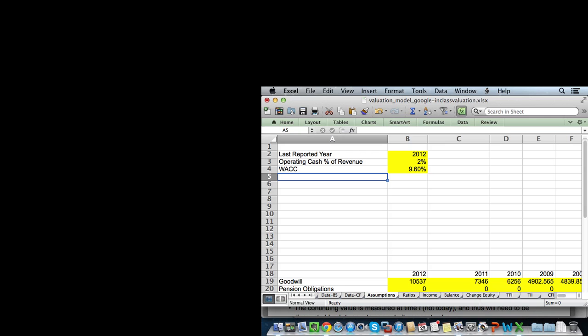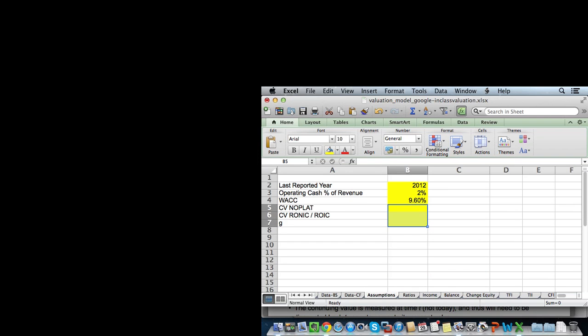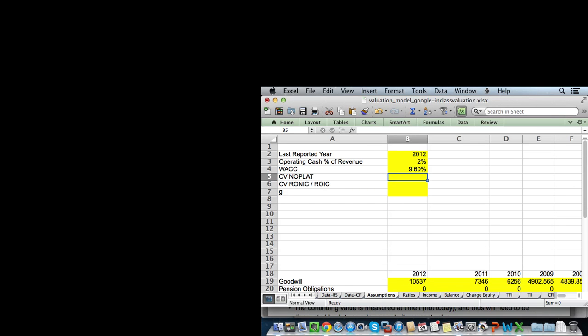In the assumption screen, I'm going to have my CV NOPLAT, my CV RONIC, also known as ROIC, and my long-term G, my long-term growth rate. And again, I'll make those yellow because those are items that I could theoretically change. Now, I already have a WACC.